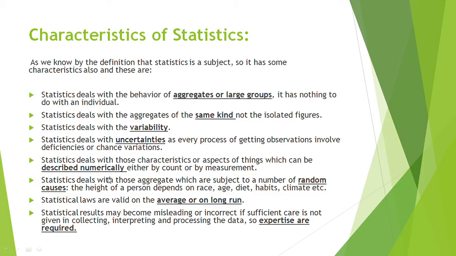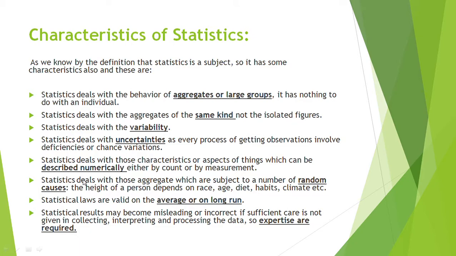Okay, statistics deal with those aggregates which are subject to a number of random causes. For example, the height of a person depends on the race, age, diet, habits, and climate. So, random causes. Statistics also deals with random causes.